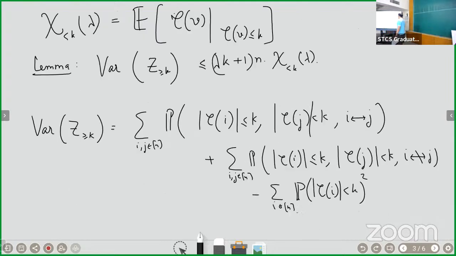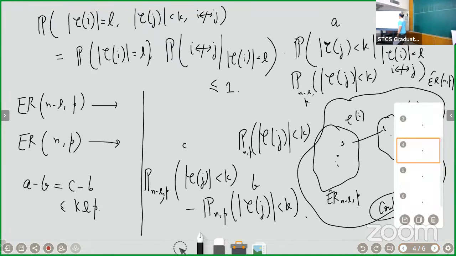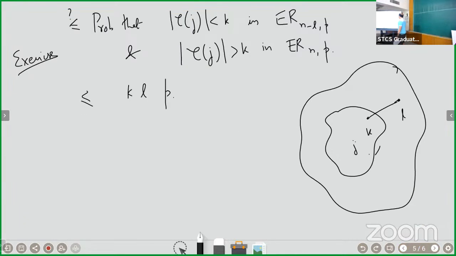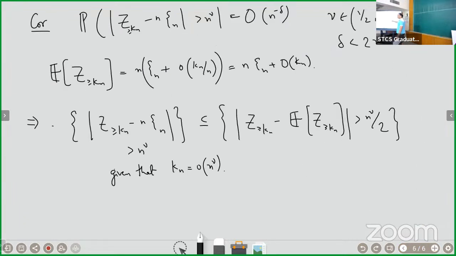But it's not too much more compared to that. So the deviation of Z greater than k from its mean is not good. Then I can say the probability of the expected value.